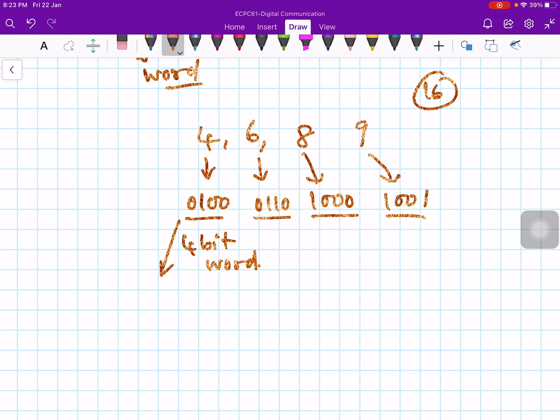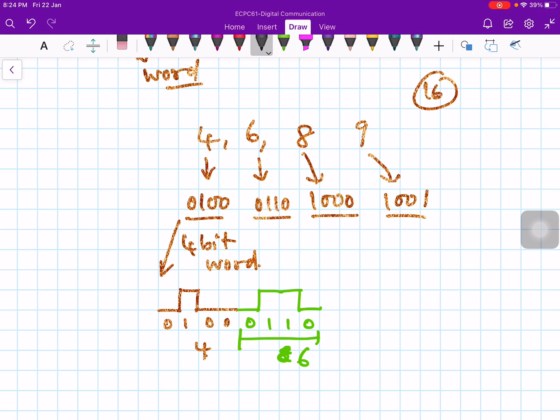So 0 1 0 0. This is for 4, and then 0 1 1 0. This is for 6. And now 8, right?